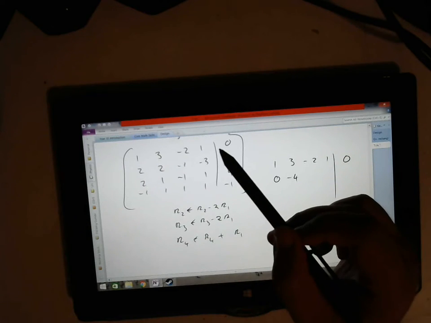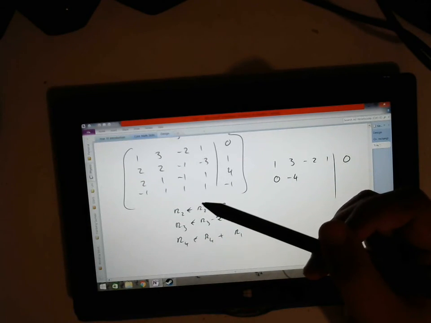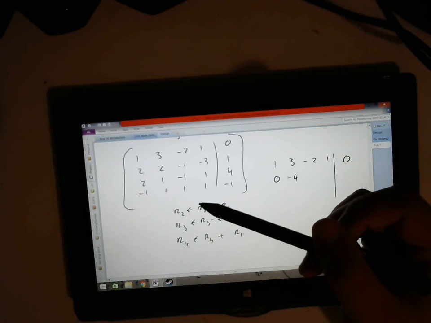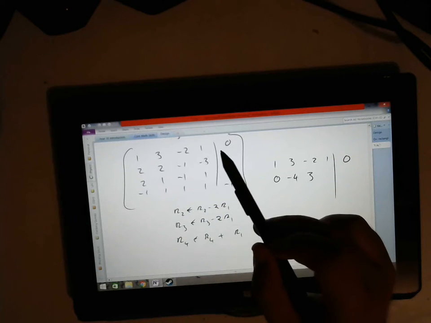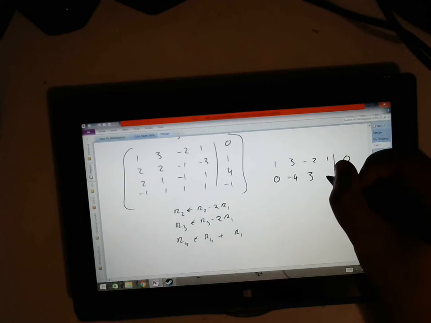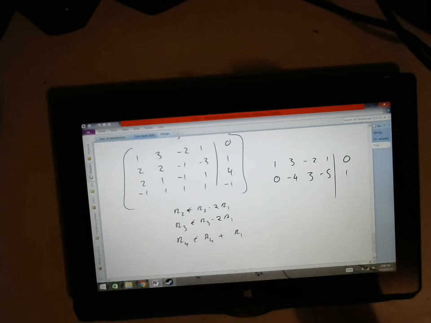Minus 1, take away 2 groups of negative 2, positive 4. So that's going to be 3. Negative 3, take away 2 groups of negative 1, take away 2 groups of 1 is negative 5. 1, take away a bunch of zeros is still 1. So that's nice and easy.